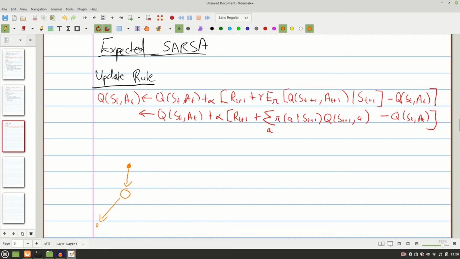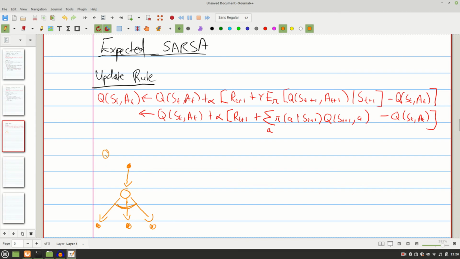We have an action here, and in terms of Q-learning, the backup diagram looks like this.